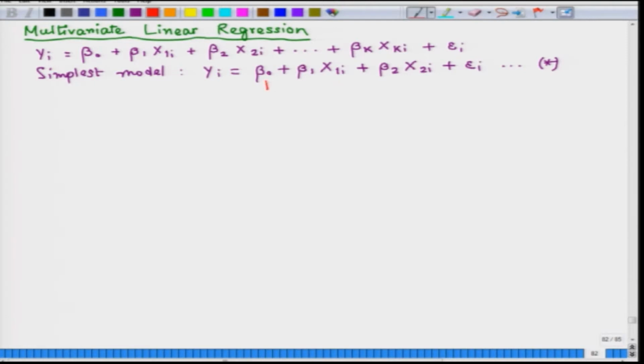So, of course, this beta naught is going to be my intercept as usual, but we have slightly different interpretation for the slope parameters or coefficients beta 1 and beta 2. So, how can we interpret these coefficients? So, these are known as partial regression coefficients.